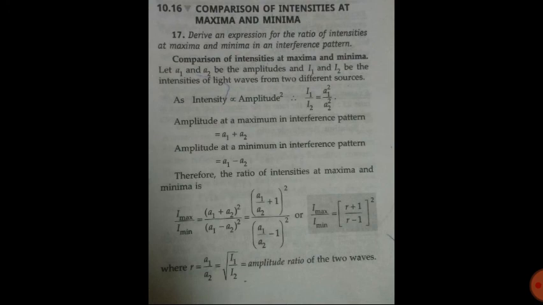Practice Young's double slit experiment diagram, and whatever we have derived till now: the path difference, the fringe width, the position of maxima and minima, the brightness and intensities of maxima and minima. Derive the derivations, write and practice.